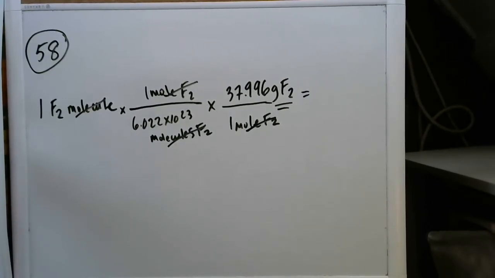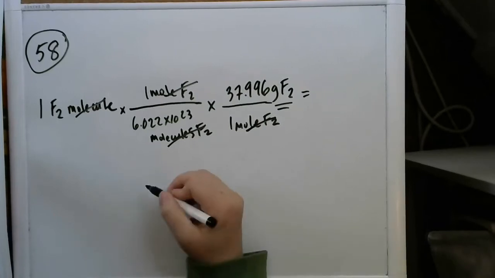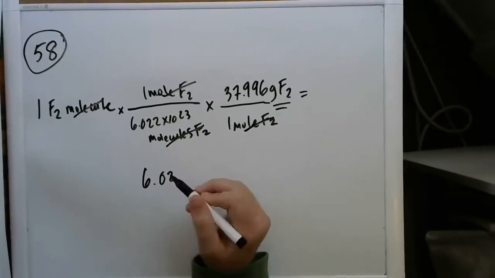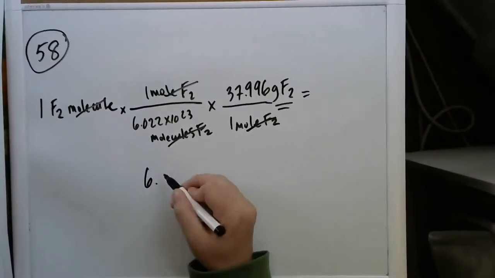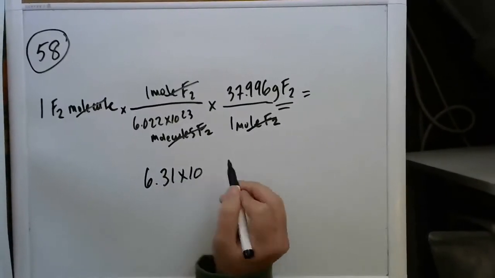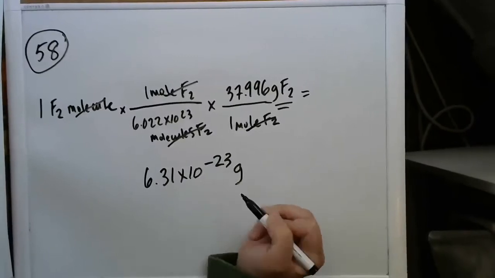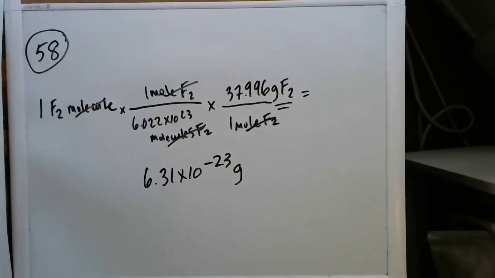And we see that 1 molecule of F2 is going to equal 6.31 times 10 to the negative 23 grams. See, it's an interesting thing because I feel like that's one where people look at it right away and they're like, oh, I know the answer to that. We should look at it a little bit harder.